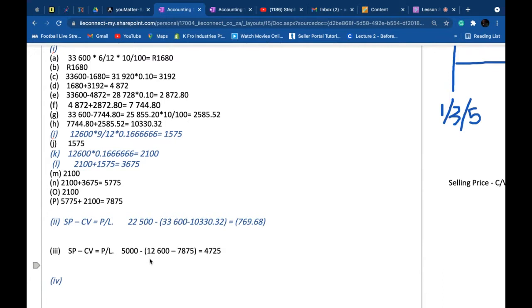Then you minus the 5,000. So the final answer is 275. We made a profit. I just thought that the answer that I got was bigger than that. Right, so there we made a profit.